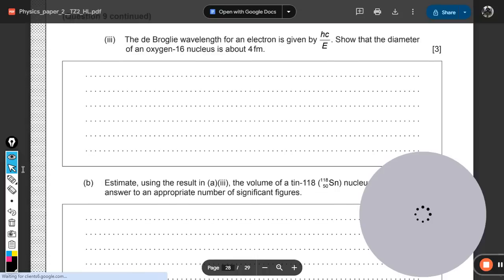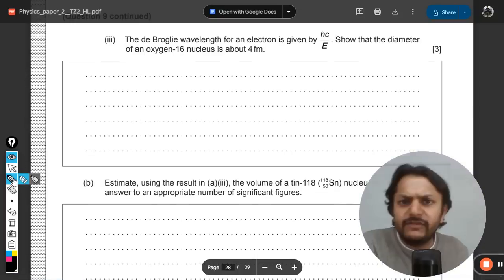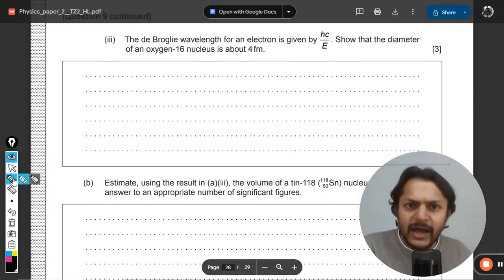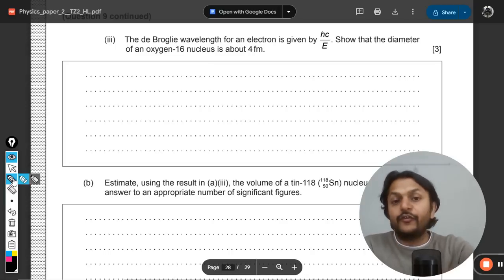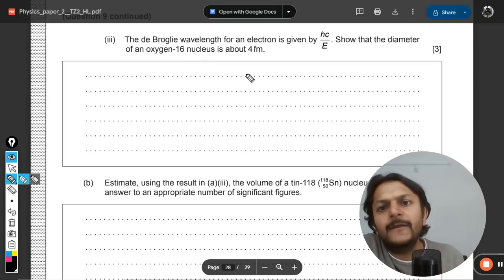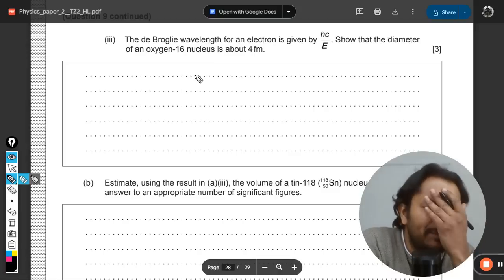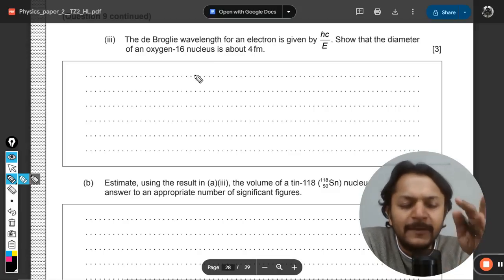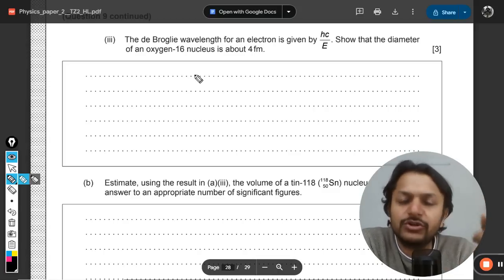The de Broglie wavelength of an electron is given by hc by E. Show that the diameter of the oxygen nucleus is about 4 femtometre. Okay, so we want to find the diameter of the oxygen nucleus. This we have done in topic 12.2, the estimation of nuclear size.